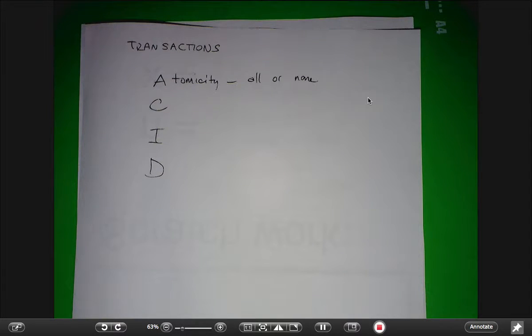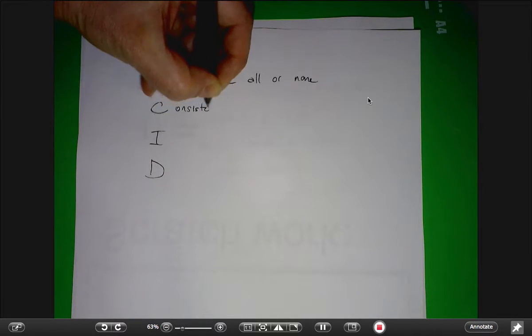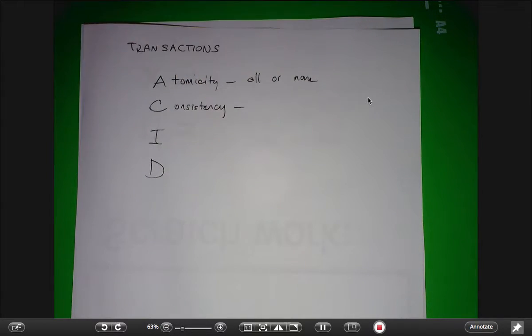The second one is called consistency, which, when Stacy taught her class, she sent everybody to ask me what consistency meant. And I understand it's one of the more fuzzy concepts. But the idea is that your schema has some rules, right? It says what is valid data and what is not valid data.